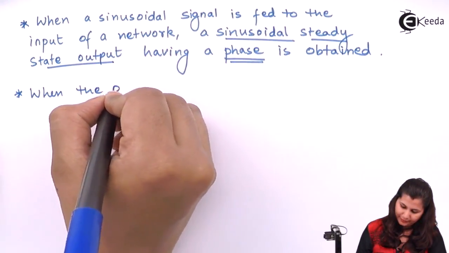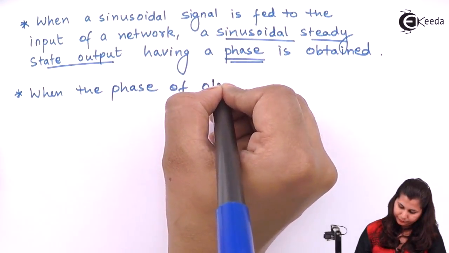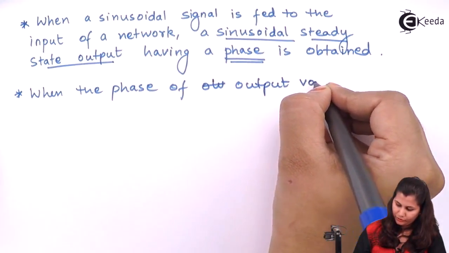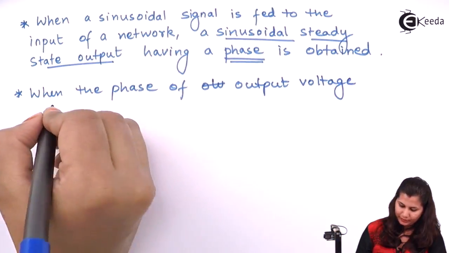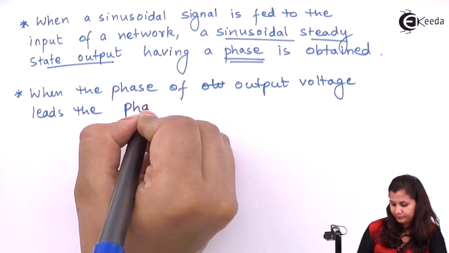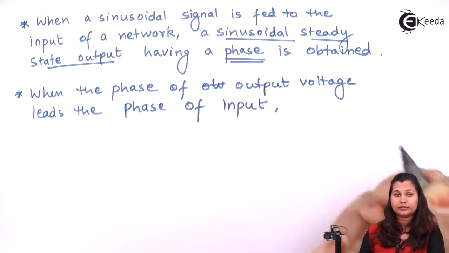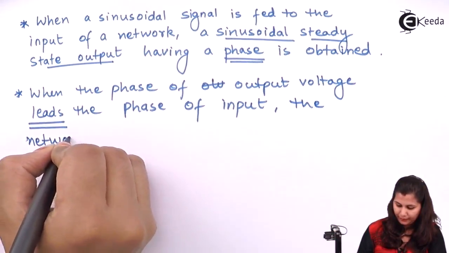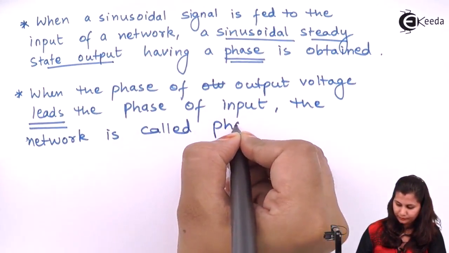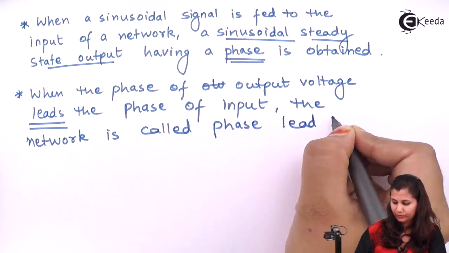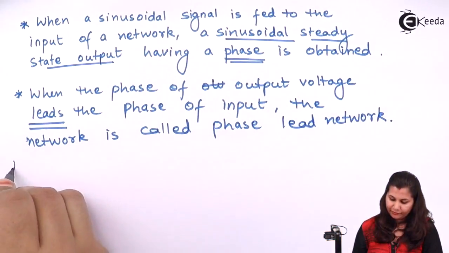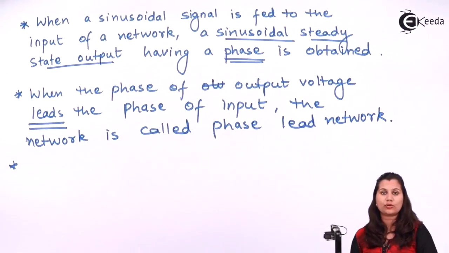When the phase of the output voltage leads the phase of the input, the network is called a phase lead network. And when the phase of the output voltage lags the phase of the input, the network is called a phase lag network.